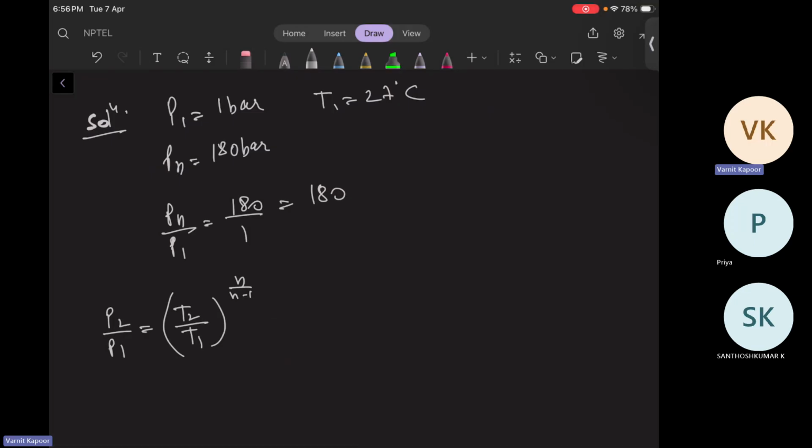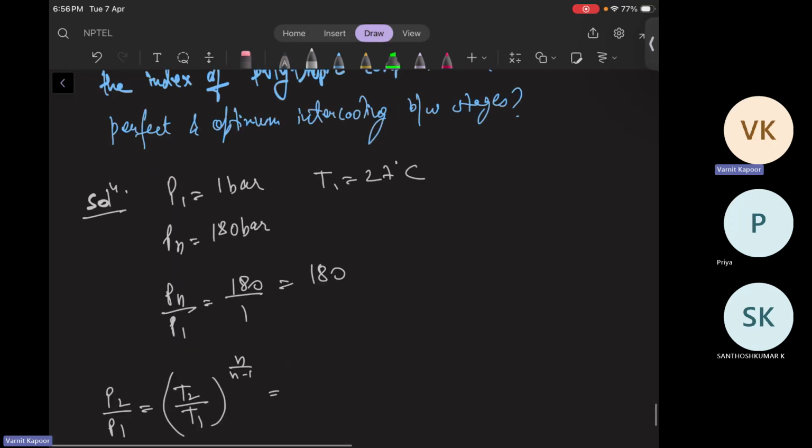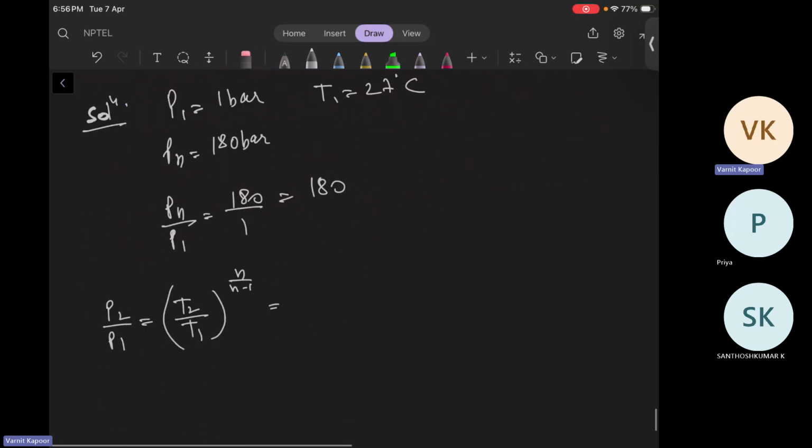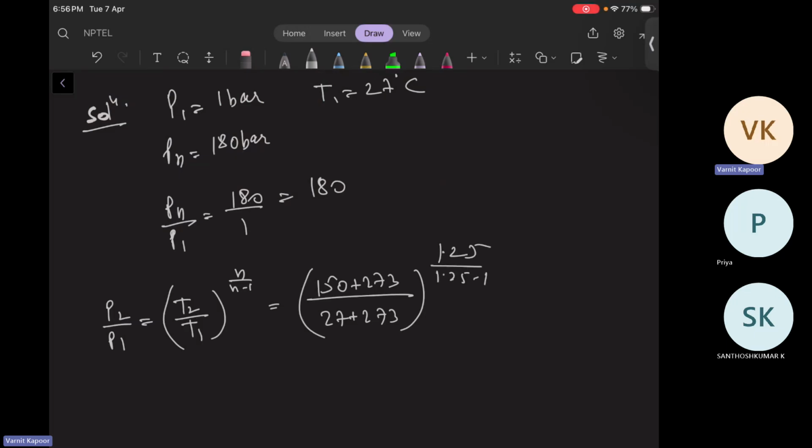Right? So here you know the temperatures: 27 degrees Celsius initially, and maximum temperature is 150 degrees Celsius. So (150 plus 273) by (27 plus 273), to the power 1.25 by 1.25 minus 1.